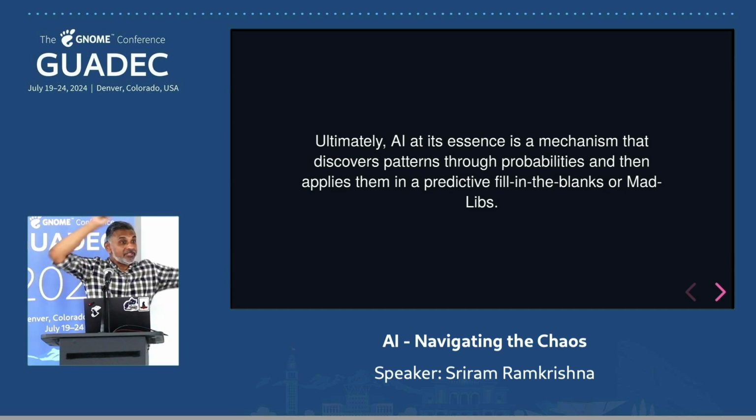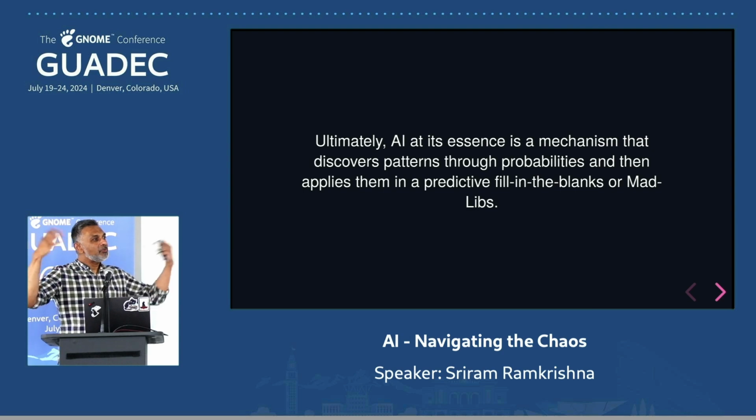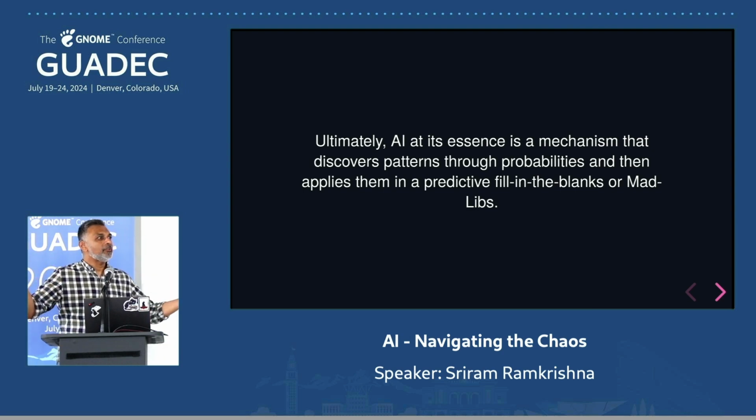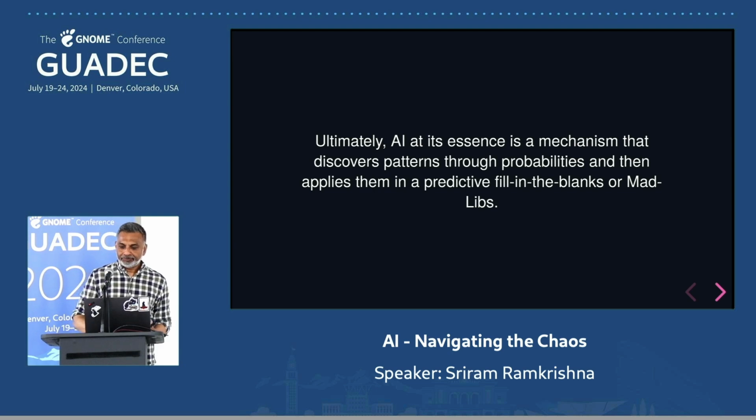Well, based on all this data I've been trained on, there's a high probability it's this. And it keeps doing that until it comes out with a sentence, right? But it's taking all this human work to do that.